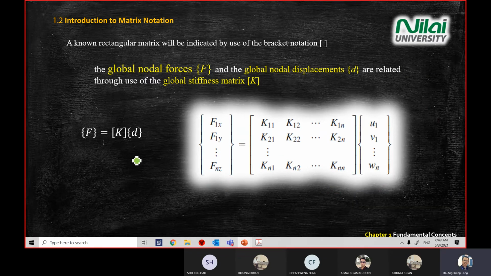So again, F equal to KD. Okay, just to give you some hints. In your test, you write this equation, F equal to KD, you score 1 mark. Minimum 1 mark. After that, you expand this equation. You write F equal to something, F1x, F1y, and so on, depending on the forces you have inside the system.